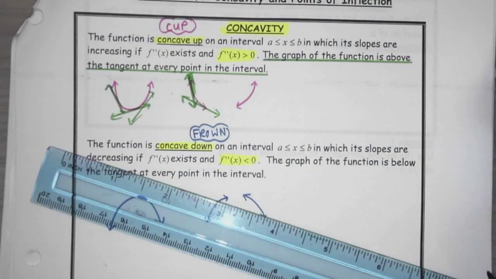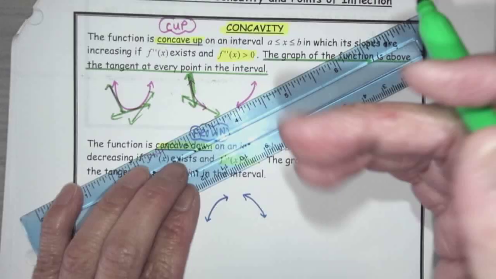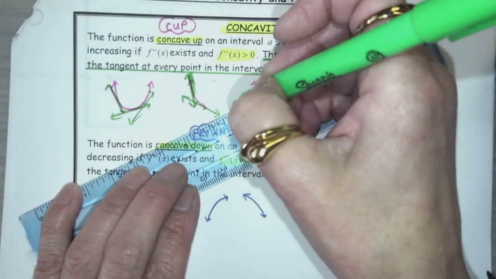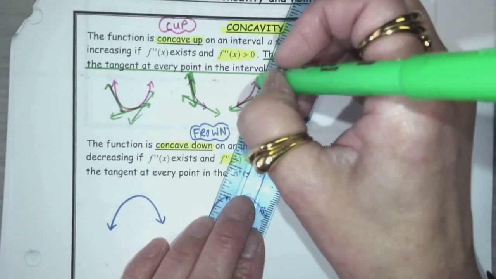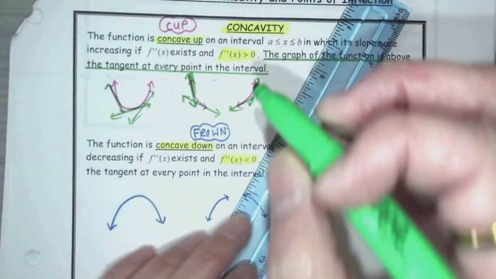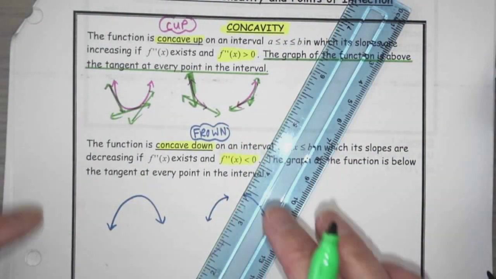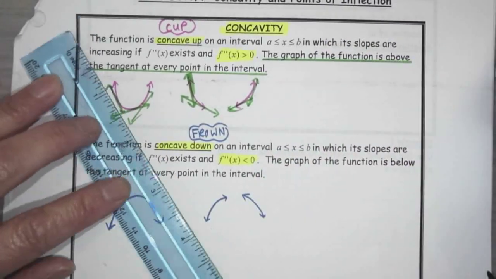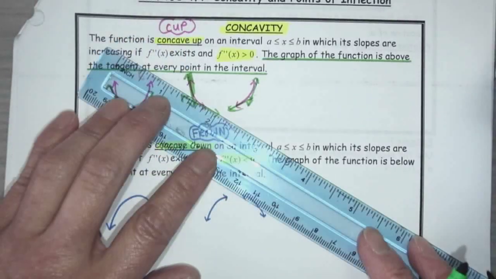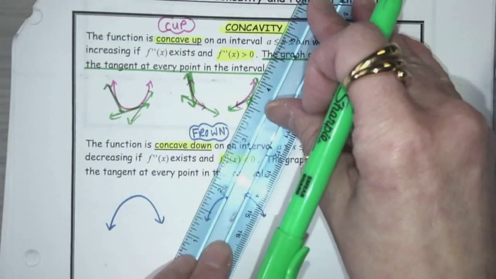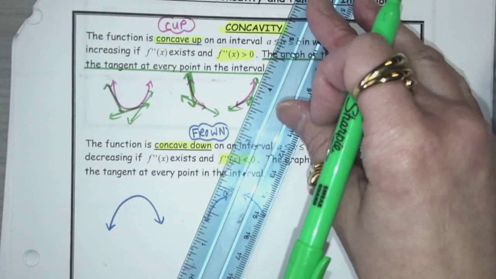So it's still increasing. So they consider that increasing. Here, it's positive, but as you go along the graph to the right, it's becoming more positive, a bigger number, bigger, higher slope. So they said, oh, look, it's increasing. So it's going from negative to less negative to positive, or from positive to a bigger positive, higher slope.